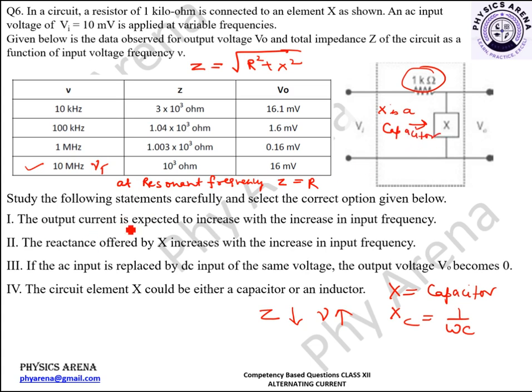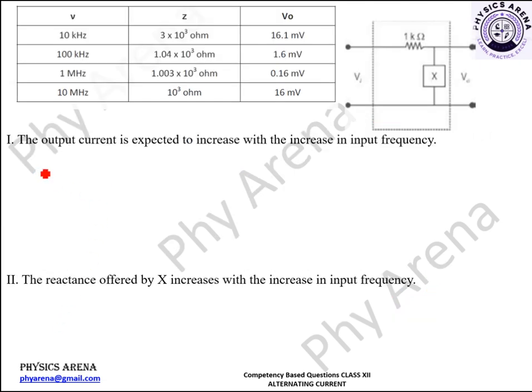Now let's take these statements one by one. The output current is expected to increase with the increase in input frequency. So we can say that as nu is increasing, the value of Z is decreasing.